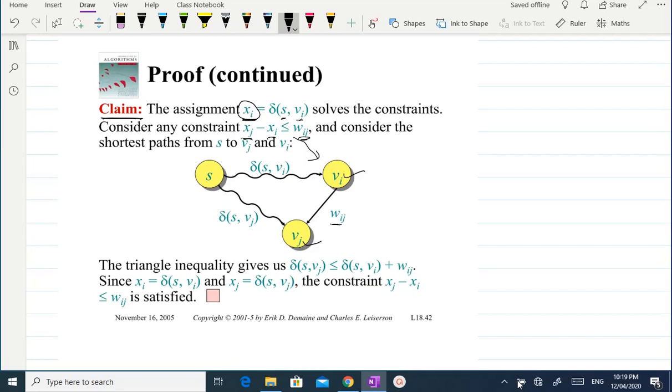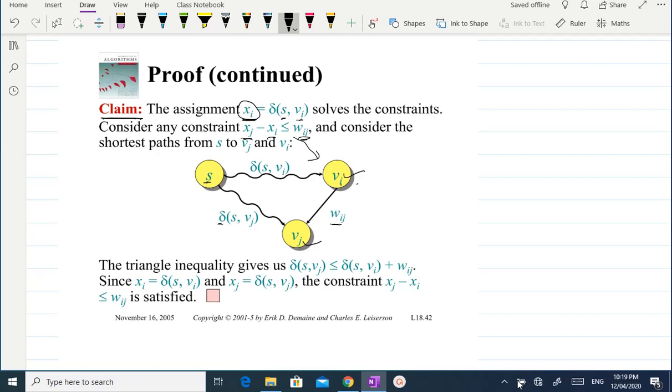So that is the constraint graph which is developed over here. Now we are saying that there is a shortest path connecting some arbitrary s to this vi, and a shortest path connecting s to vj. So we have a shortest path between s to vi and s to vj, which is what we have shown over here.